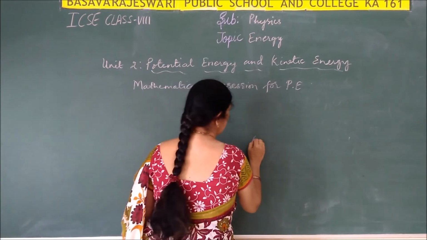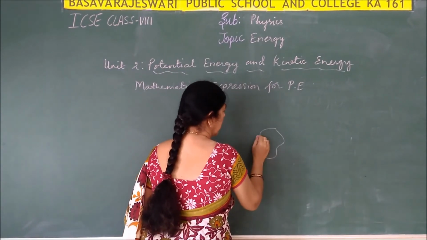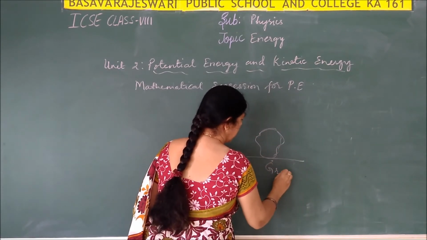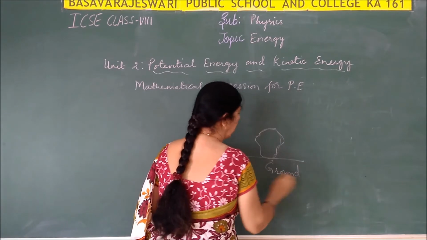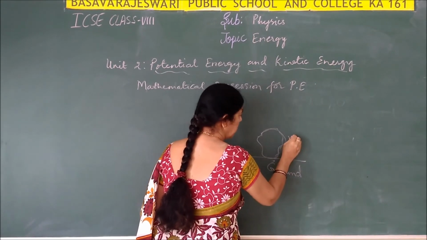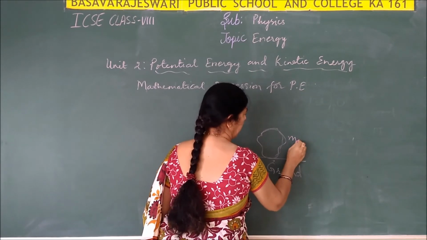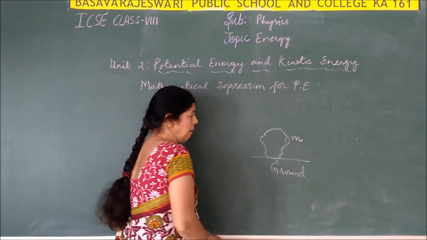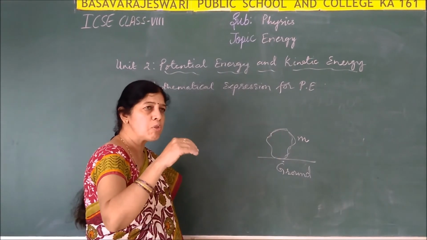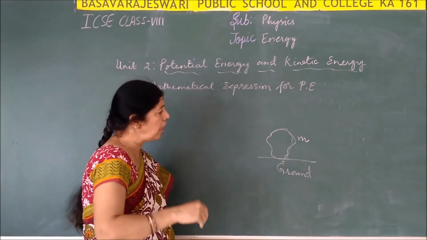Now let us consider some body. Okay, it is on the ground, on the surface of the earth, and the body is having mass m. Now, already we know that the gravitational force will be acting towards the center of the earth.